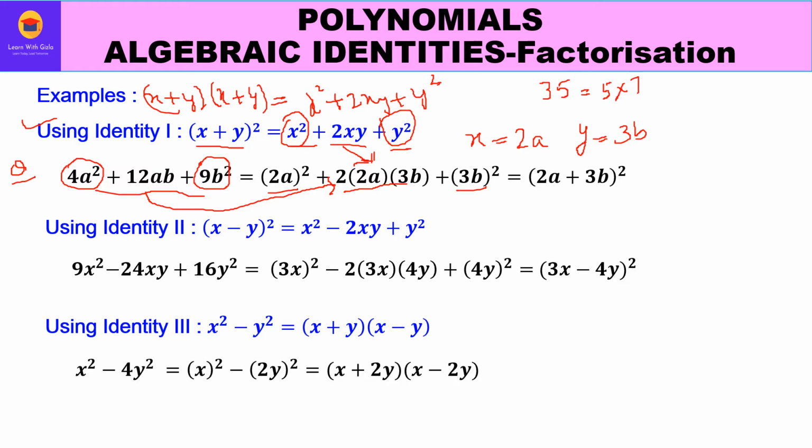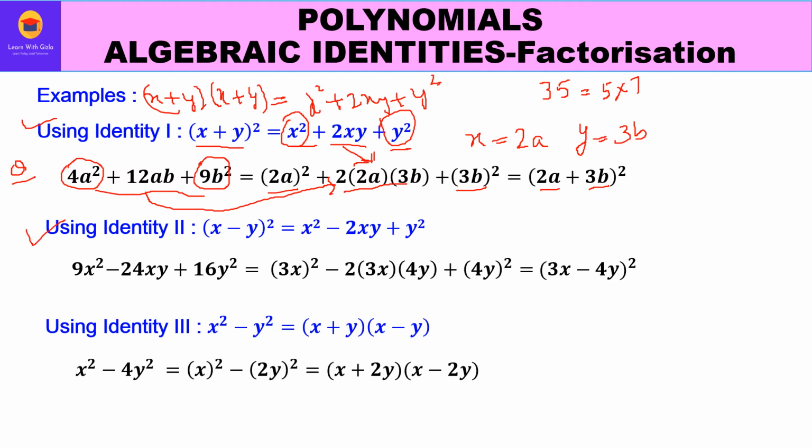So it is 12ab only, which we have split to match the product in the identity given. Now when this product is like this, its factors are (x plus y) whole square. And what is your x? x is 2a, y is 3b. So can I say the factors are (2a plus 3b) whole square? Right. So this is how we have factorized it.